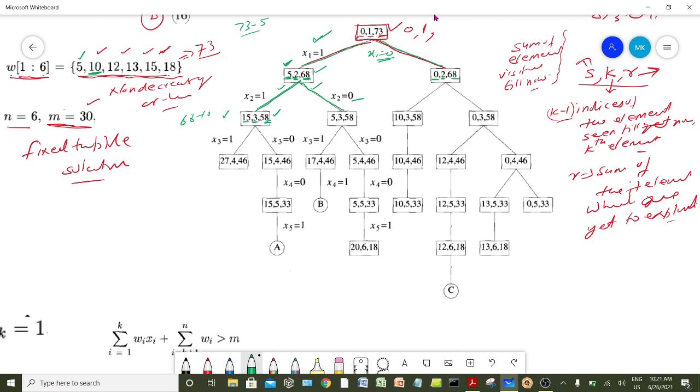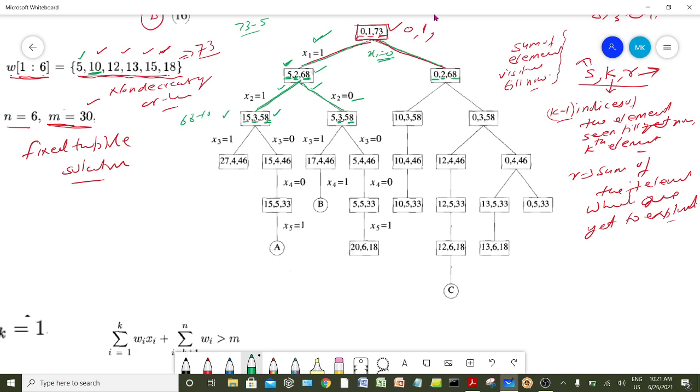Now consider its exclusion. If it was excluded, it means no addition to the previous sum, means 5 remained 5. Fine, because if item number 2 is not included, then the sum will remain as that of the earlier one. And now we'll go for the check on the third item, and the total weight or total sum remained within the set is equal to 58.